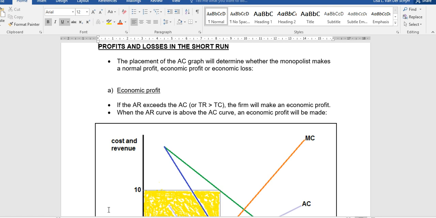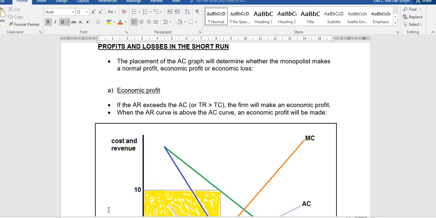So if we look at the first equilibrium position, which is the economic profit, we know by now that your monopolist will make an economic profit if his average revenue is more than his average cost, or his total revenue is more than his total cost. On the graphs, obviously we work with averages.